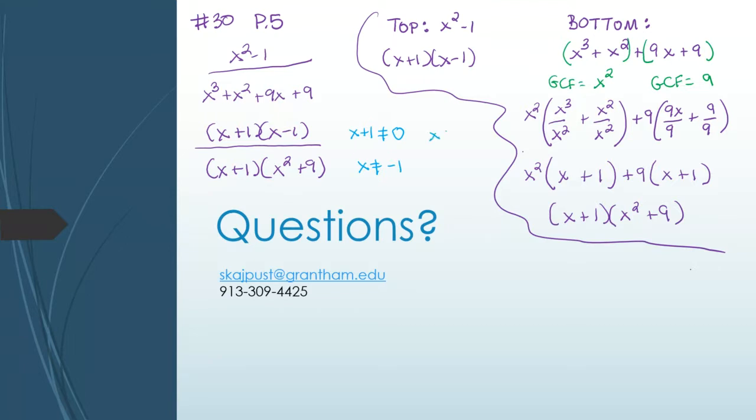The second part, x squared plus 9, not equal to 0. So I'm going to just show you, if we go through the solving process, I said that domain requires some critical thinking. If I subtract 9 from both sides, I get x squared cannot equal negative 9.